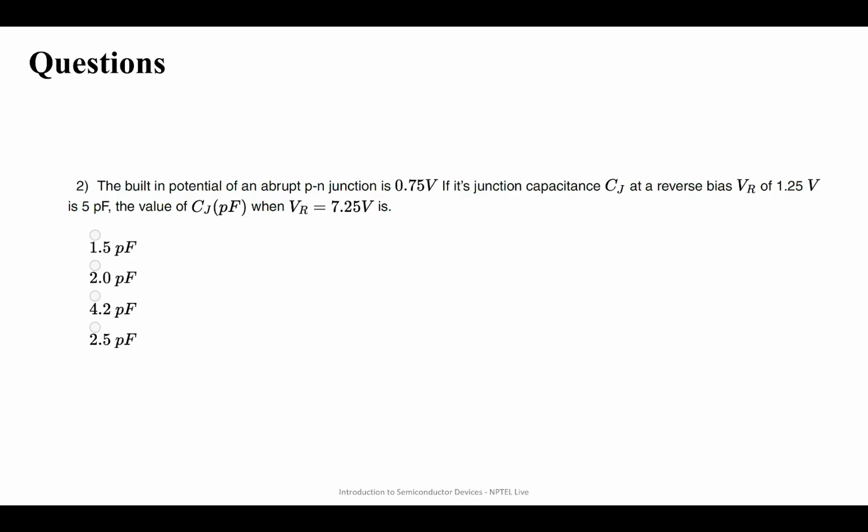The built-in potential of an abrupt PN junction is 0.75 volts. If the junction capacitance Cj at a reverse bias VR of 1.25 volts is 5 picofarad, what is the value of Cj in picofarad when VR is 7.25 volts? 1.5 picofarad, 2 picofarad, 4.2 picofarad, 4.5 picofarad.